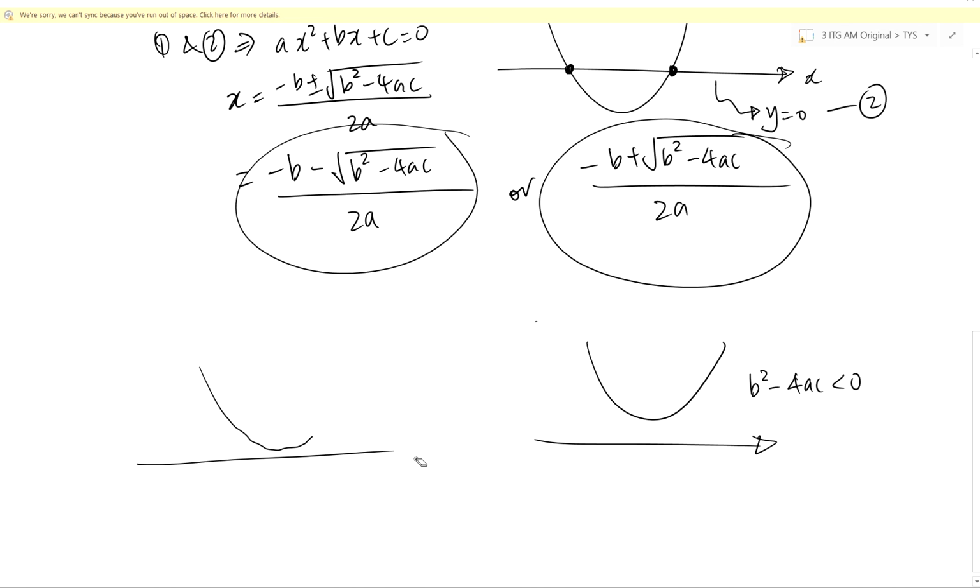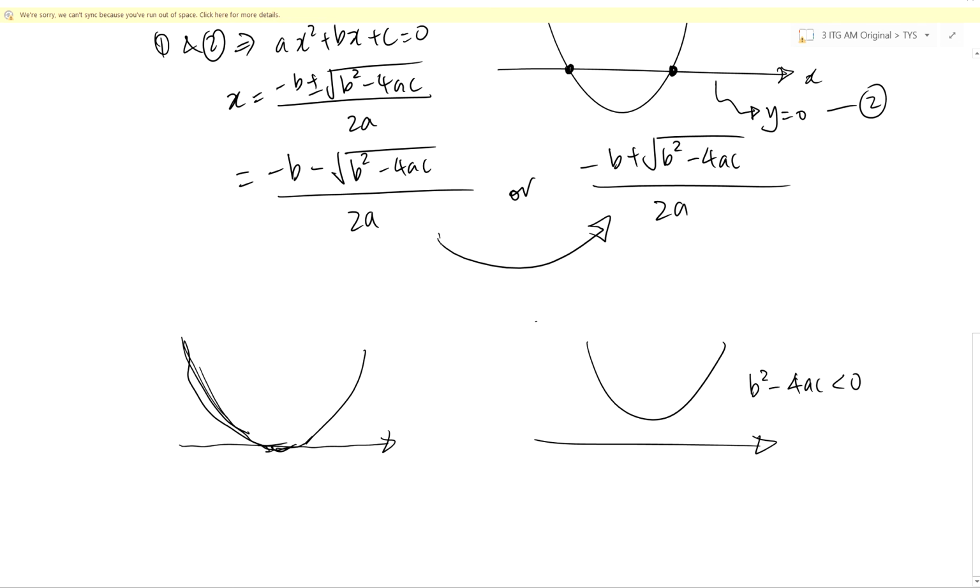Now is there a case where we get a parabola that just touches the x-axis? Is it possible for this parabola to exist? Definitely. What this means is that there is only one solution. If there is one solution, which part of the quadratic formula causes these two to have the same value? When will they have the same answer?